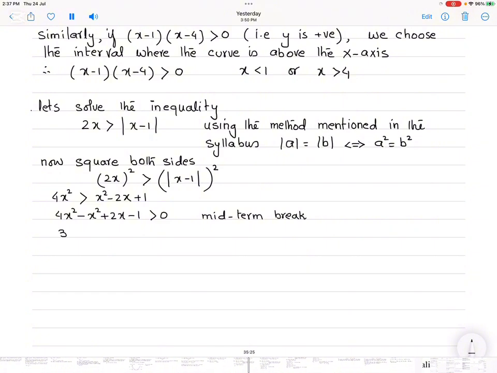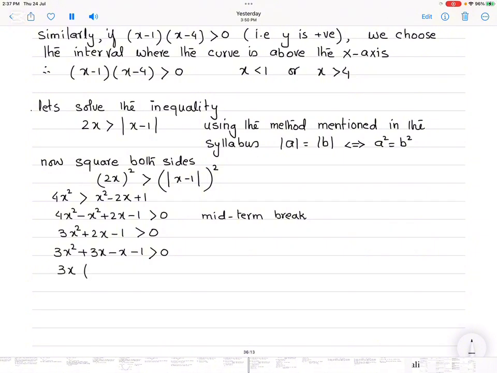First simplify it. So 4x square minus x square is 3x square plus 2x minus 1 is greater than 0. Now make the factors. So you get 3x square plus 3x minus x minus 1 greater than 0. So 3x(x + 1) minus 1(x + 1) greater than 0.